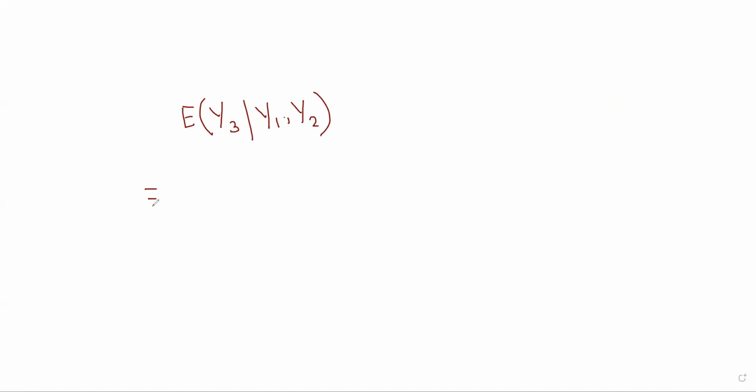Can somebody tell me? What is Y3 again? It's an ARMA 1-1 process, so Y3 is phi Y2 plus A3 plus theta A2.